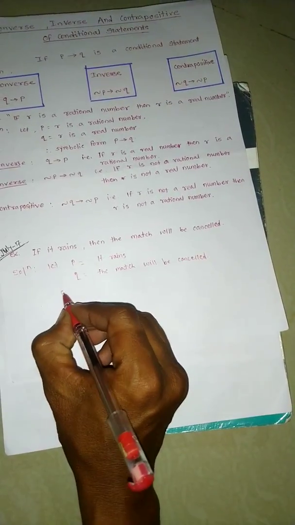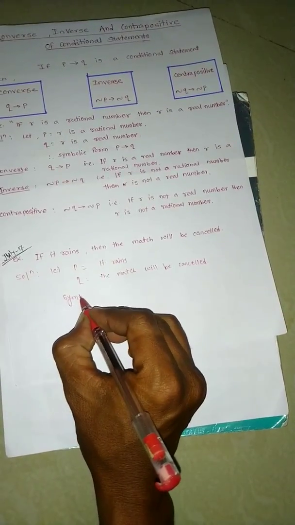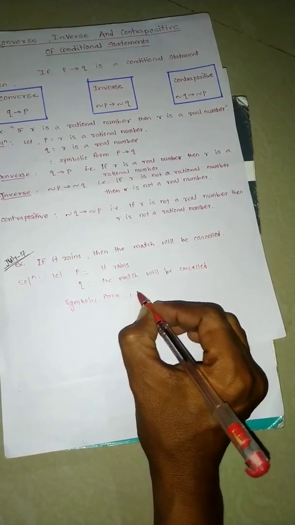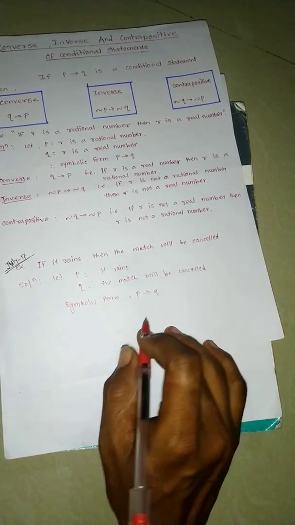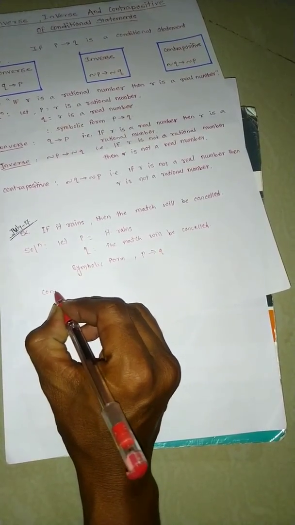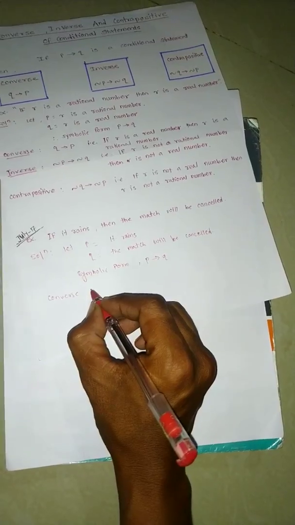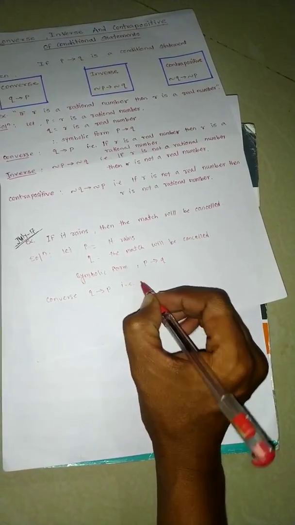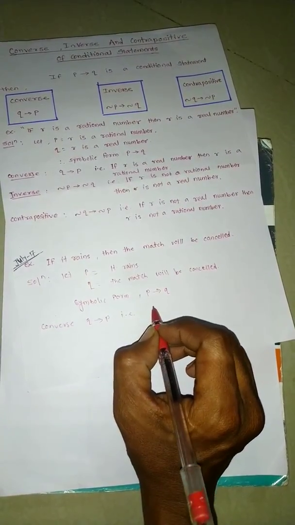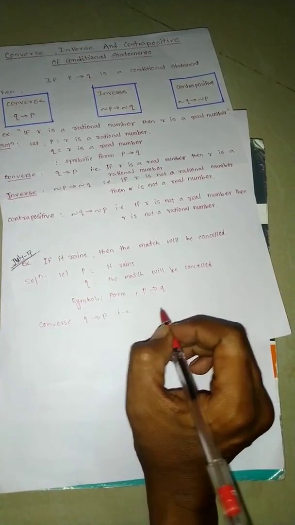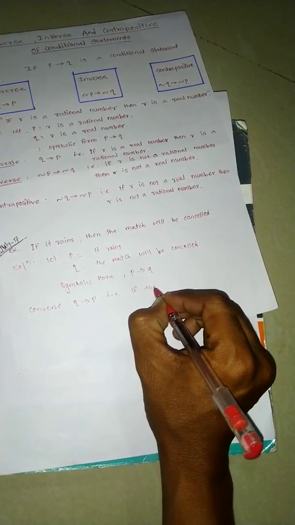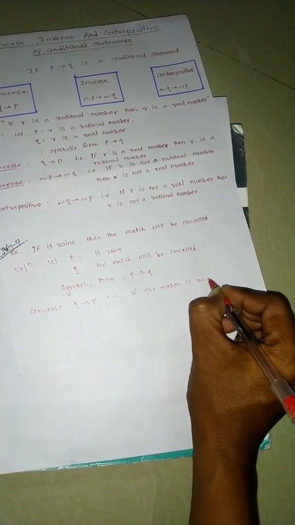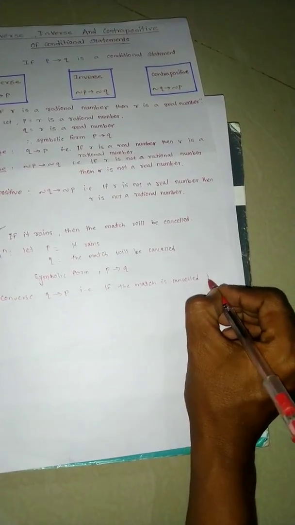Now the symbolic form of this: P implies Q. Now the converse. We know the formula: Q implies P. Then how can we write that statement? If the match is cancelled, then it rains.